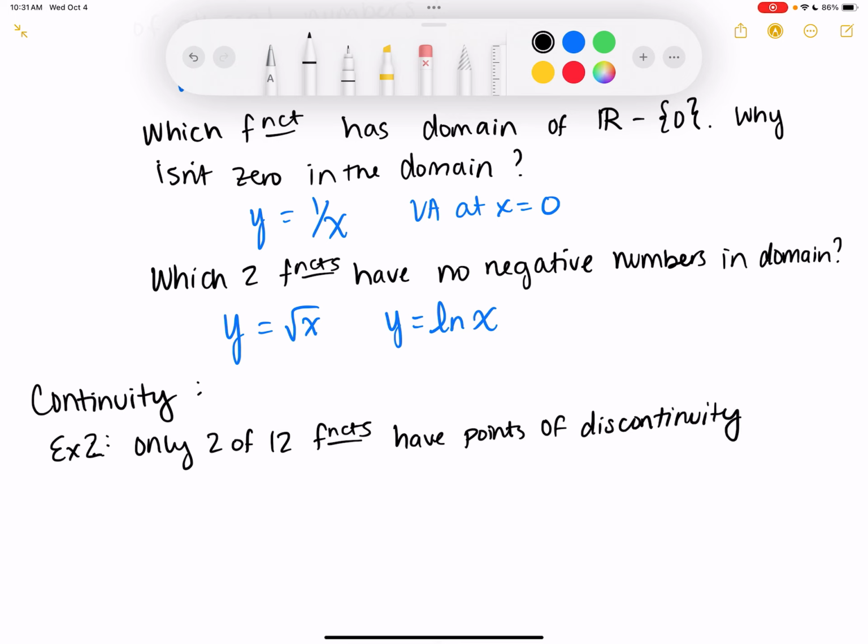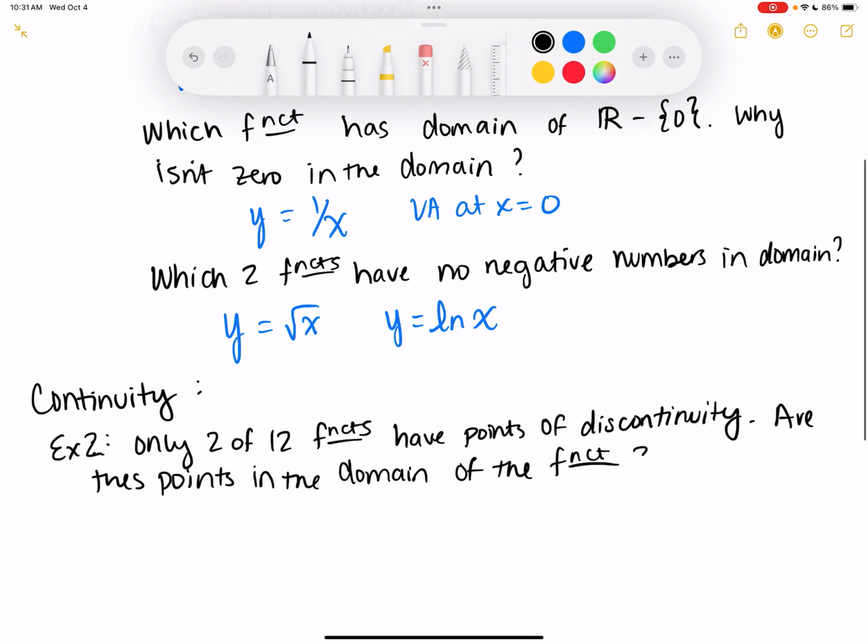So basically meaning gaps or holes or whatever in it. Are these points in the domain of the function? So I'm more likely to ask you the question, which 2 have points of discontinuity, but this way you've seen it.